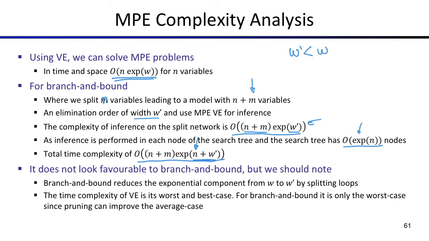So it doesn't look very good for the branch and bound, but we expect the pruning to improve things, as well as W prime being much smaller than W. We should remind that for variable elimination, the time complexity is the worst and the best case at the same time, but for the branch and bound, it's the worst case, and we expect to improve the average case with the pruning.